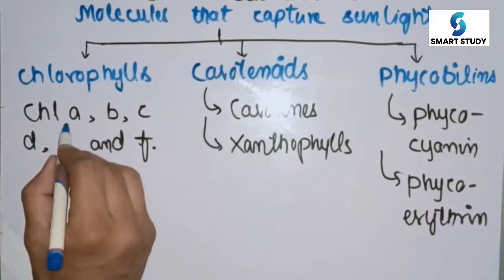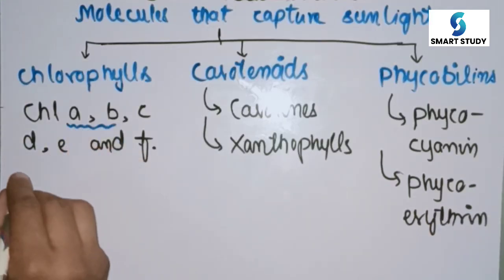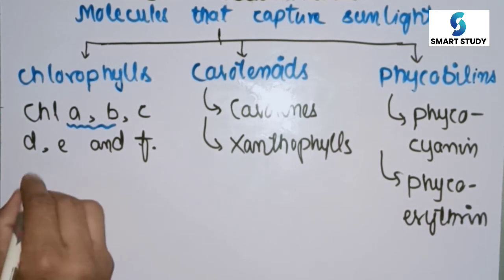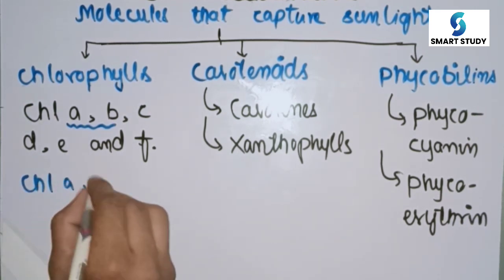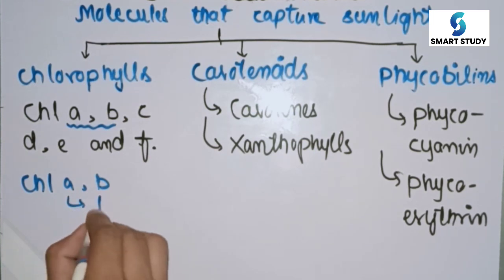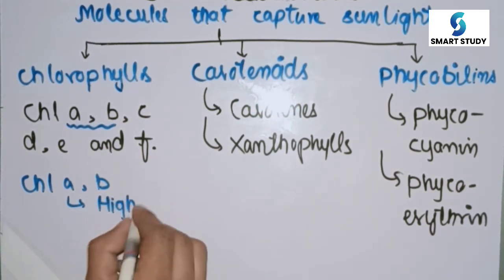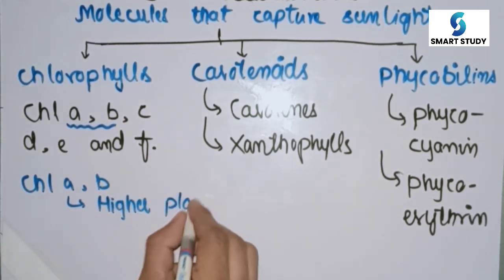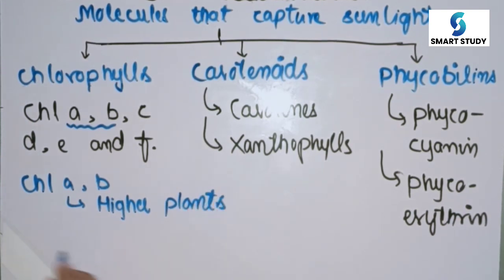So from here, chlorophyll A and chlorophyll B are found in higher plants. And chlorophyll C and D are found in algae.